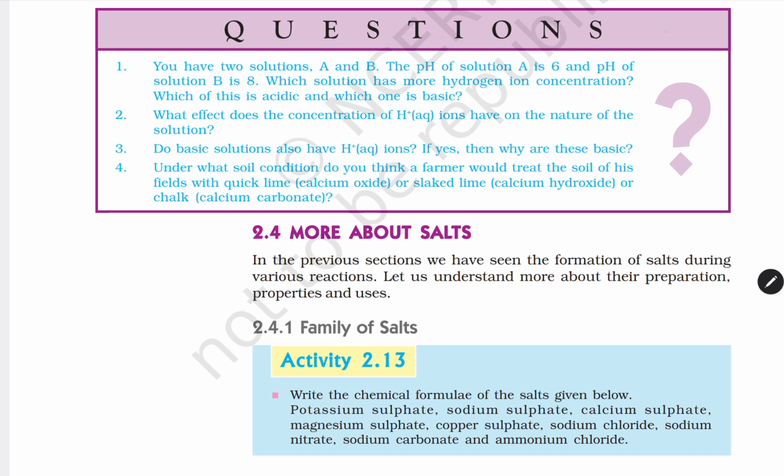Next, second question. What effect does the concentration of H plus ion have on the nature of the solution? The concentration of the hydrogen ion determines whether the solution is acidic, basic or neutral. More H plus concentration means less pH value.